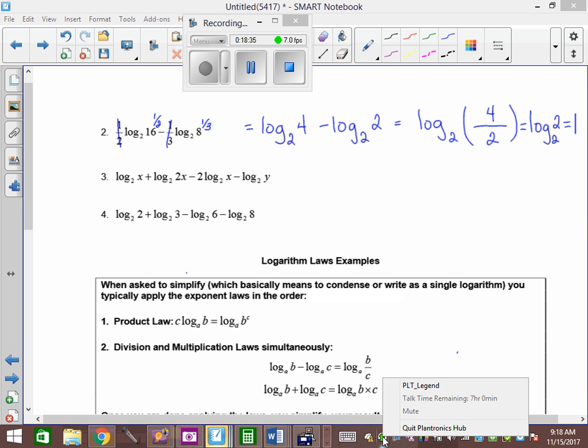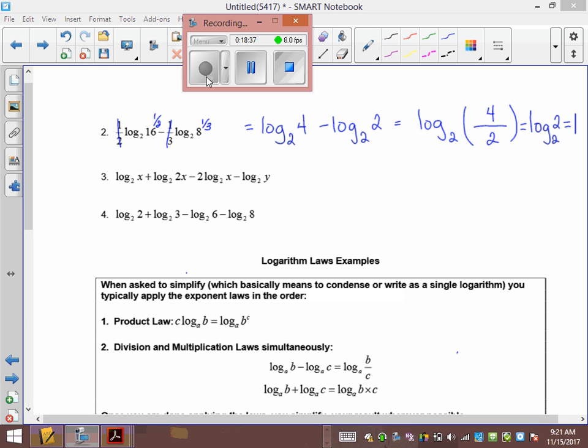All right, you try 3 and 4. So in the numerator, you're going to get x times 2x.